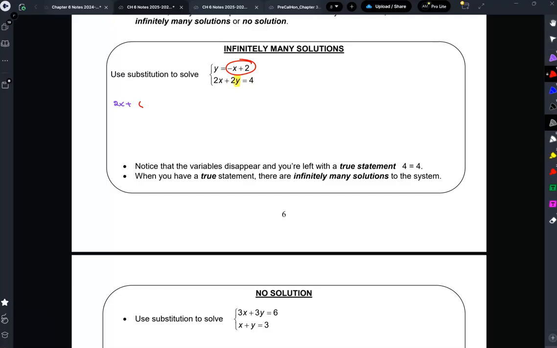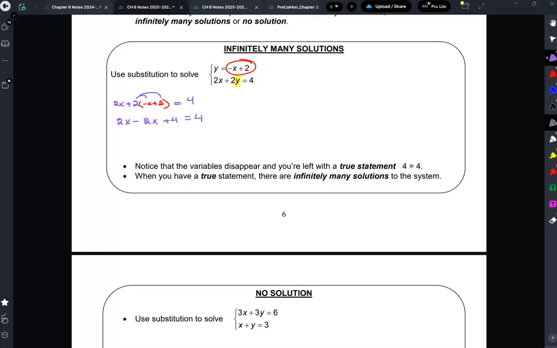Hang on, there's a 2 here. Right? So 2x plus 2 times y is equal to 4. Okay? 2x plus 2 times the new y. Okay, let's distribute. 2x minus 2x plus 4 is 4.